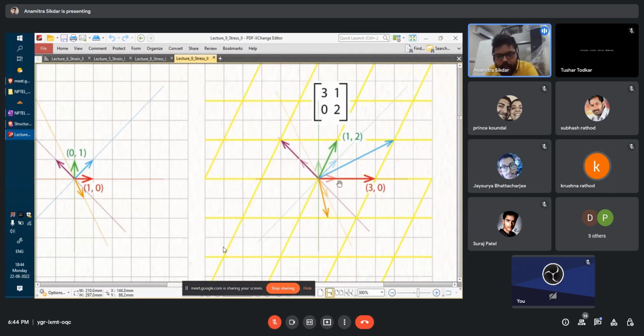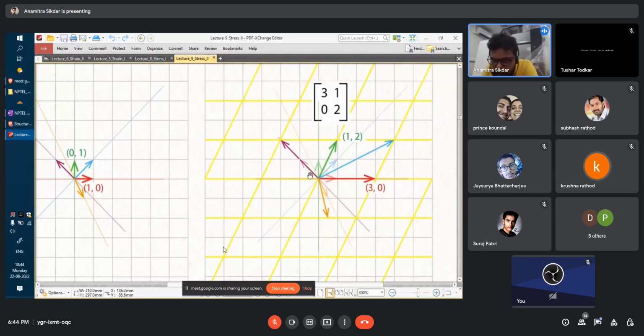So in that new configuration, we are seeing there are definitely at least two directions which did not change. Whatever element falls on the direction got stretched by 3 units, and here it got stretched by 2 times root 2 units, right?